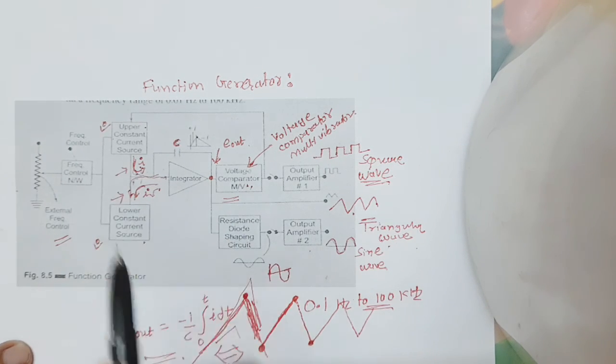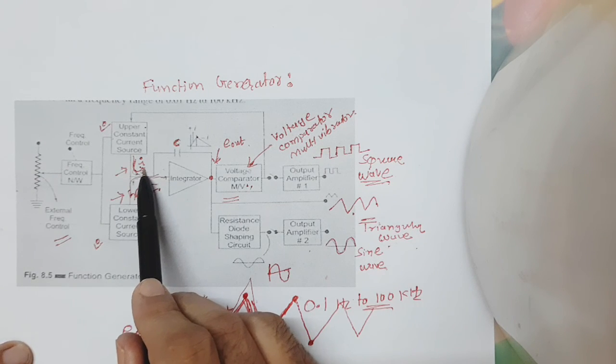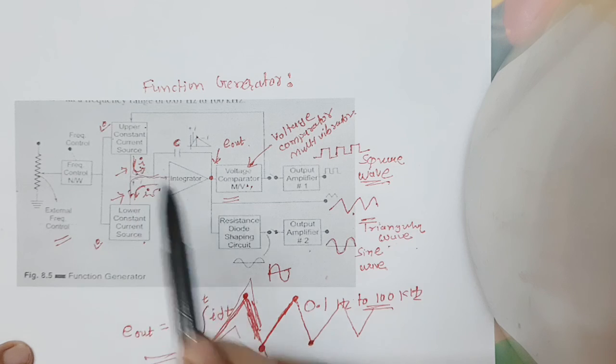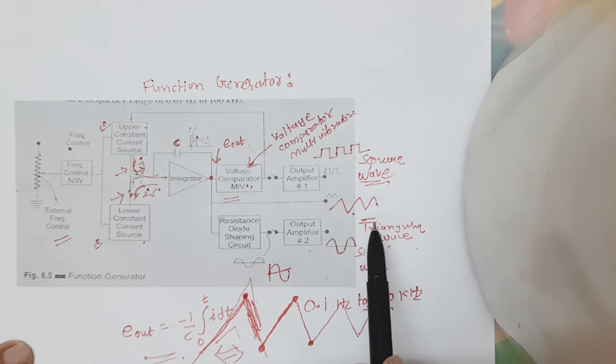The magnitude of this current is what we can use to find out the level of the triangular wave, or we can say the amplitude of the output.